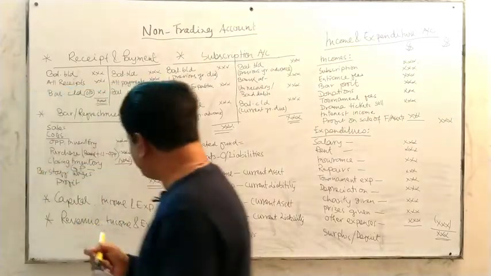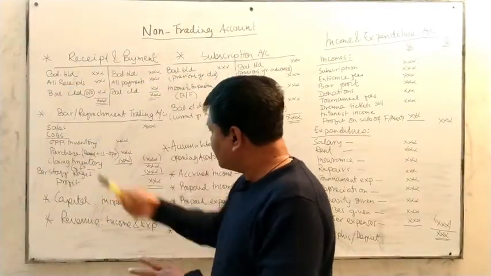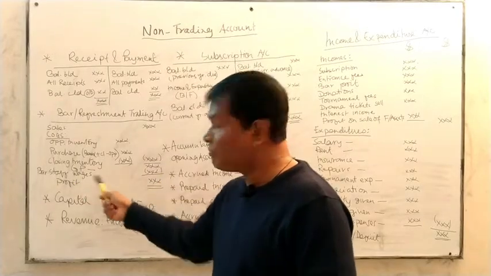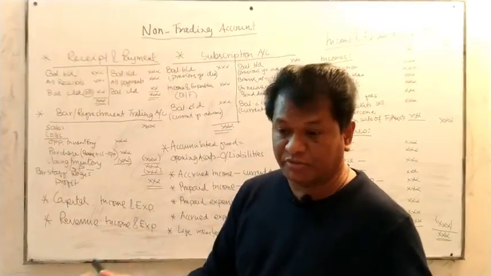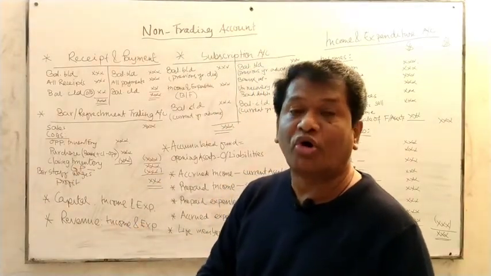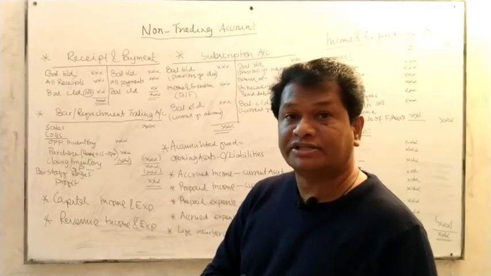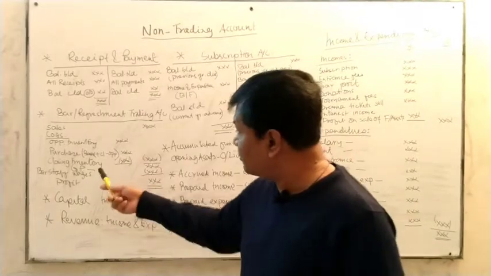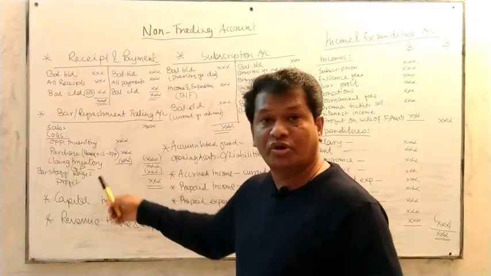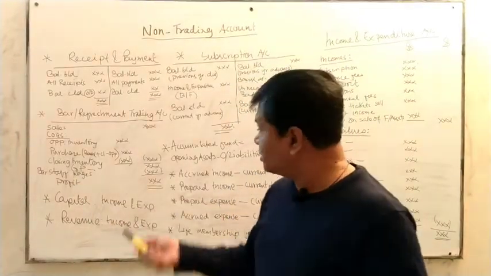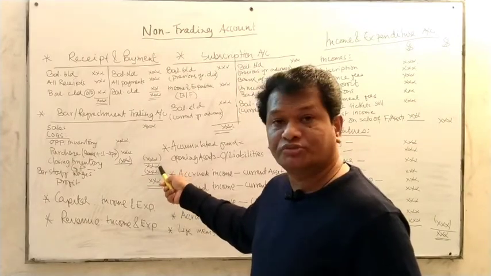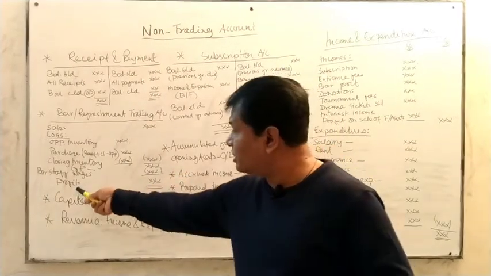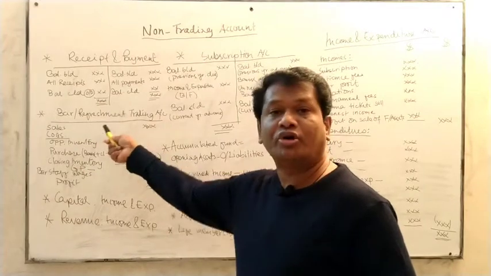And from that gross profit, you have to subtract the bar staff wages or other bar expenses. Maybe in the refreshment department or the bar department, there are some staff or waiters who give you the service. That is to be subtracted from the gross profit. The figure you got is the profit from the bar or refreshment.